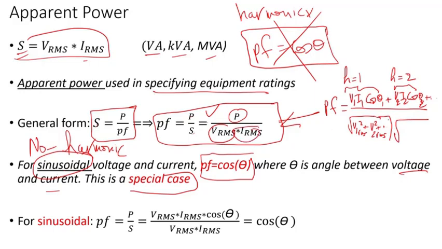What is the RMS current? From the previous equations, it's I1 RMS squared plus I2 RMS squared plus dot dot dot, because if you have other harmonics like third, it's I3 RMS squared plus I4 RMS squared plus I5 RMS squared. So that's the general formula.